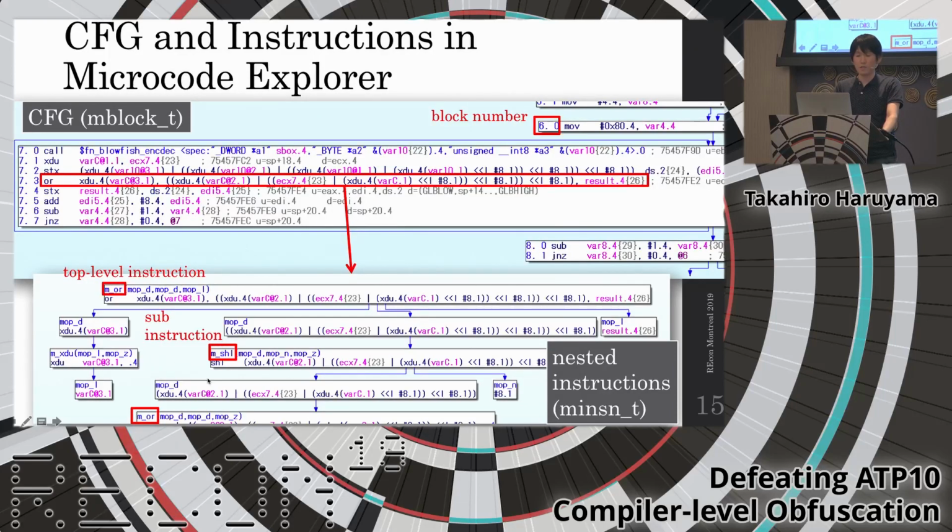In the instruction graph, OR is the top level instruction, and shift left and another OR are sub instructions. The difference is important because it's used in data flow tracking of opaque predicate patterns. I will explain later.